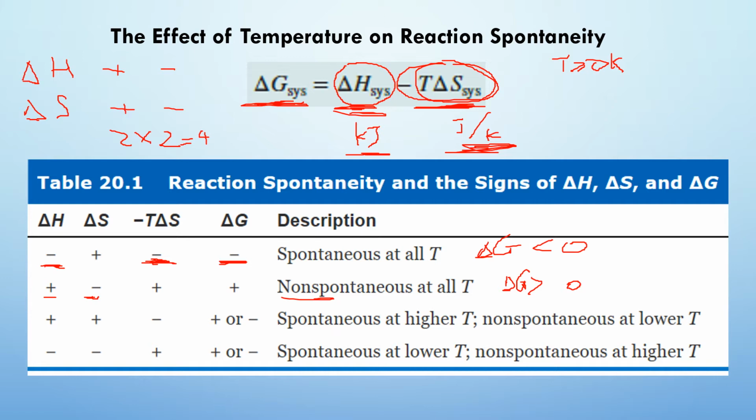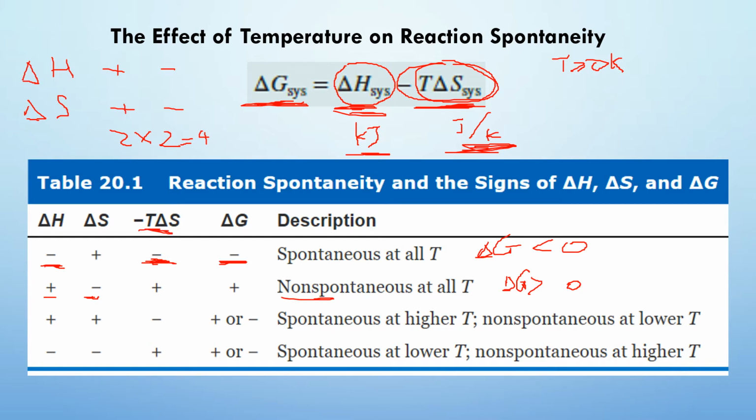So the reaction will depend on temperature if you want to determine whether it's spontaneous or not. The temperature will play an important role here. The magnitude of the term negative T times delta S depends on the temperature; the higher the temperature, the higher the magnitude of this term.